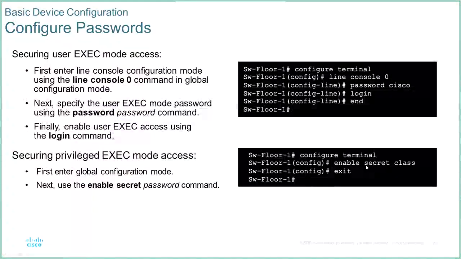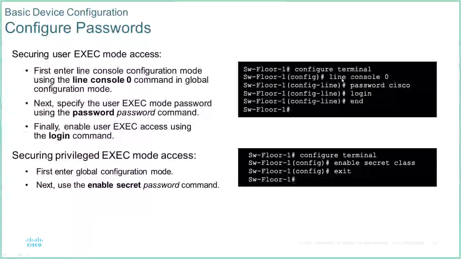What the secret parameter there does is it tells the device to use a hashing algorithm to encrypt our password so that it is not displayed in plain text when we do a show command.